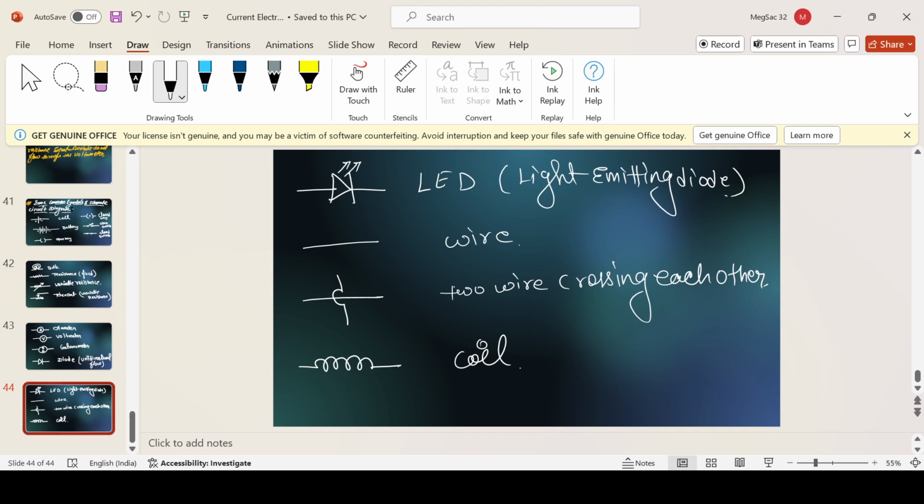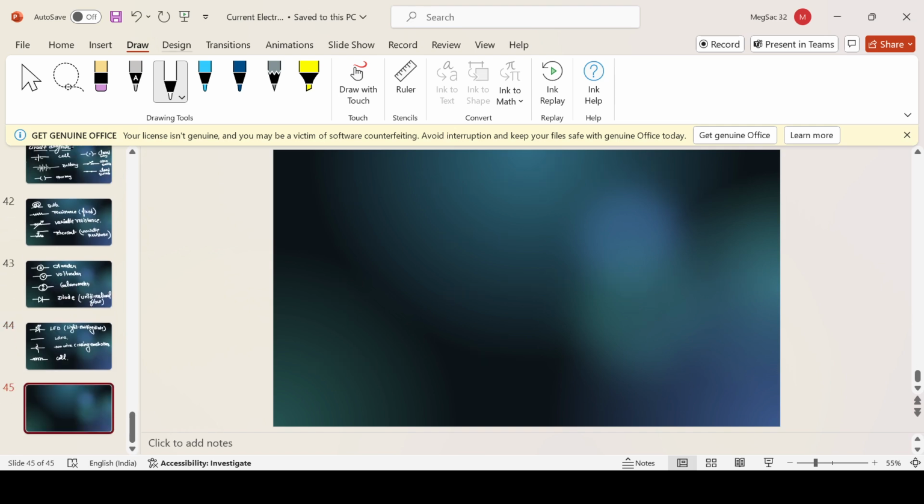Yes, sir. Now make a schematic diagram. Let's have an ammeter connected, then a bulb here, then one resistance along with it, then we have a battery.